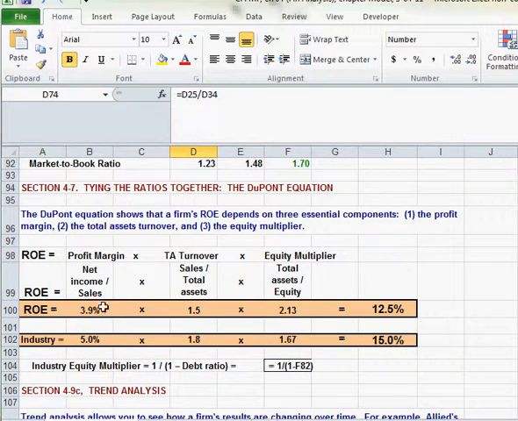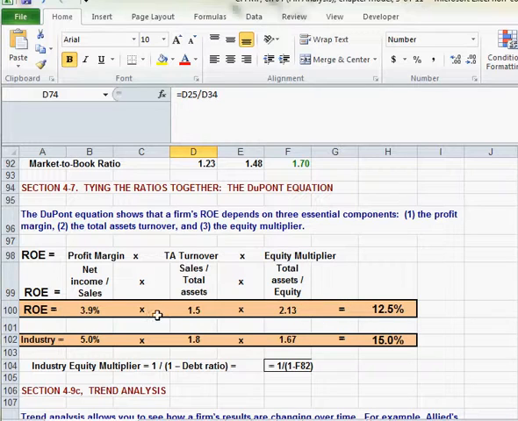We don't have quite enough of a profit margin, so we're a little behind where we ought to be in the industry. We maybe are a little over invested in our assets. We ought to be able to turn that over a little bit better, 1.8 compared to 1.5. And our equity multiplier, or the amount of equity we're using in comparison to debt, is a little higher than the average.